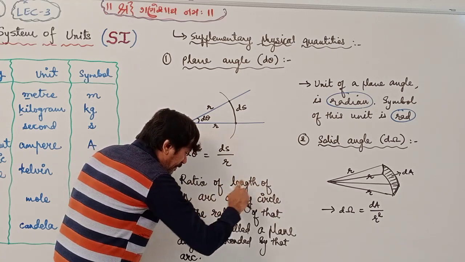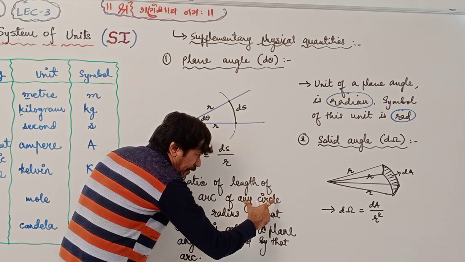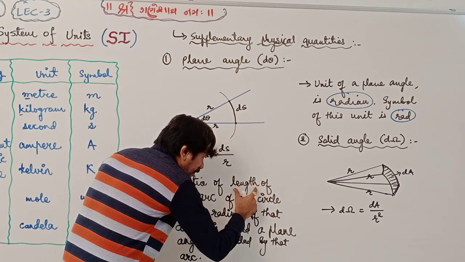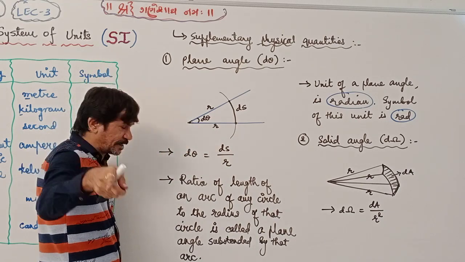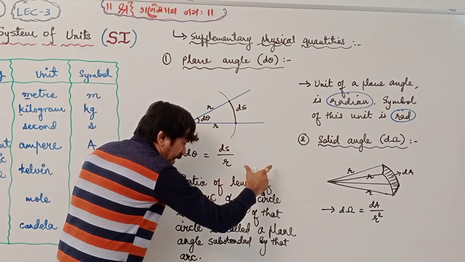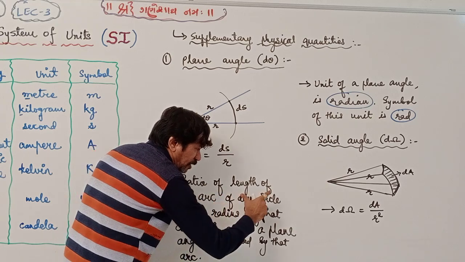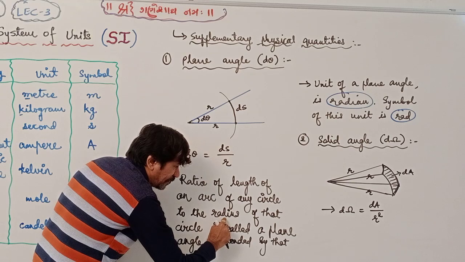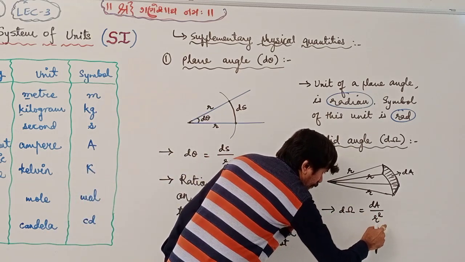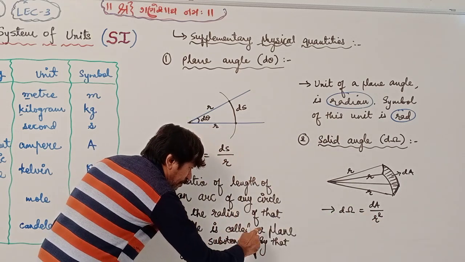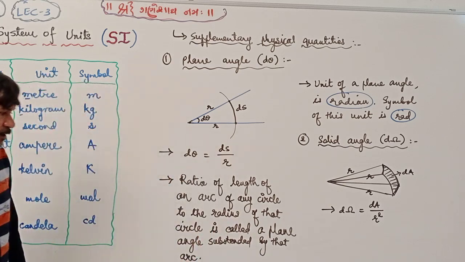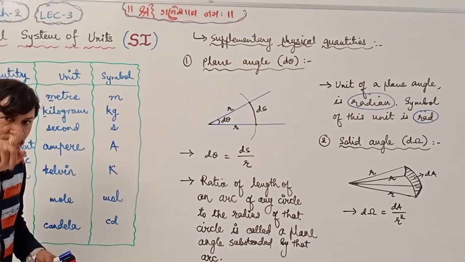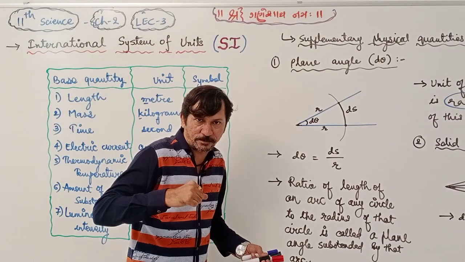Instead of circle, you would use sphere. Instead of length, you would use area. So the ratio of area of a small part of a sphere surface to the square of radius, not only radius but square of radius, is called a solid angle, subtended by that surface or portion.